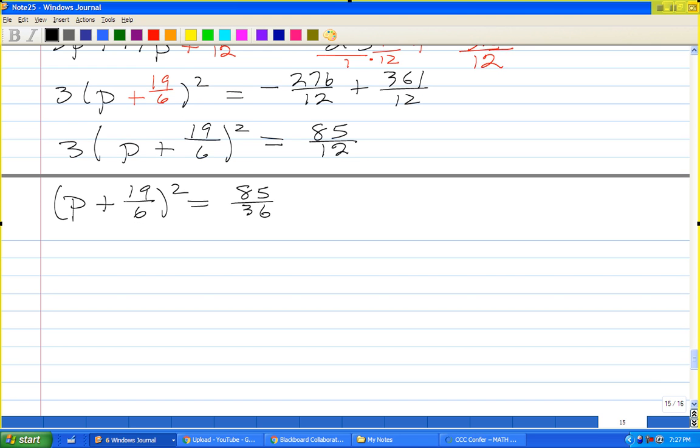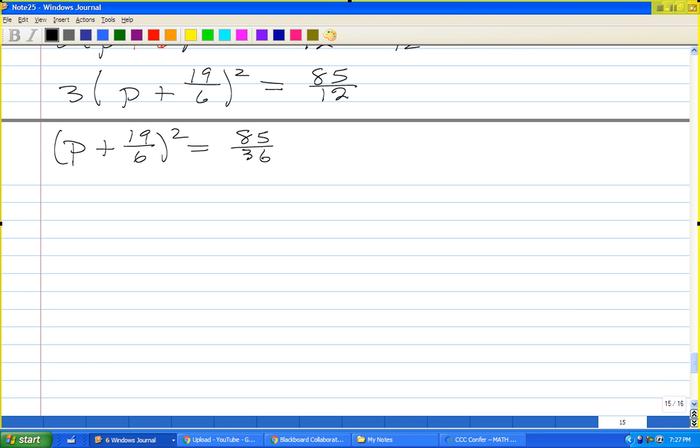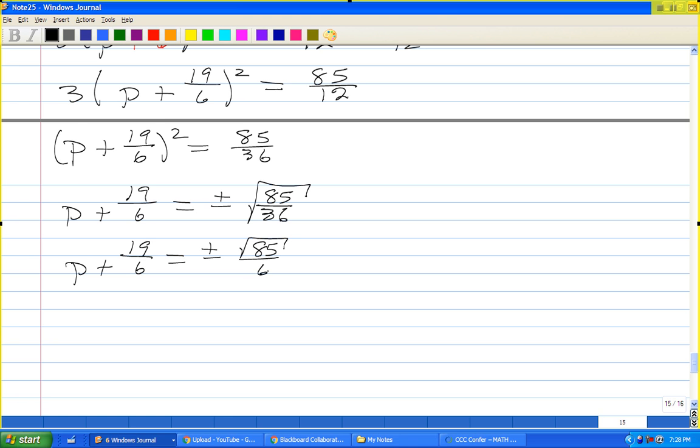So by the square root property, I have that P plus 19 over 6 is equal to plus or minus the square root of 85 over 36. The square root of 85 over the square root of 36, which is 6.